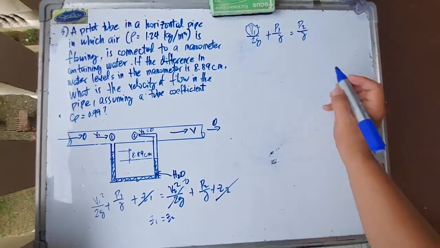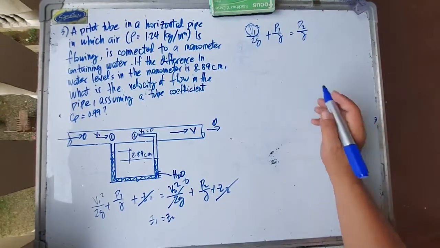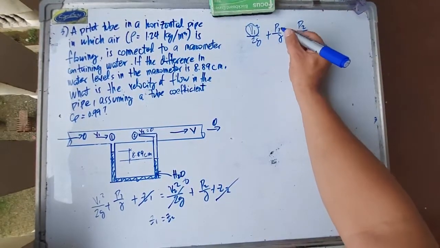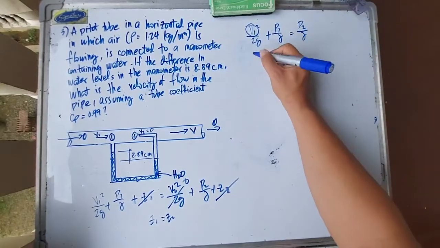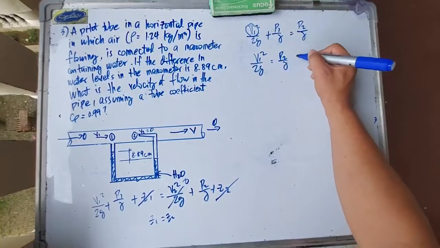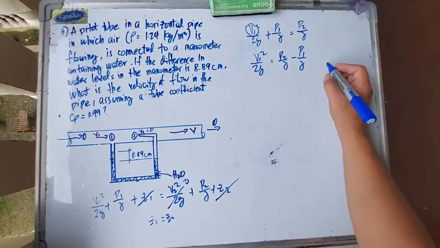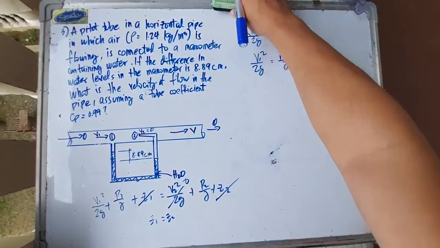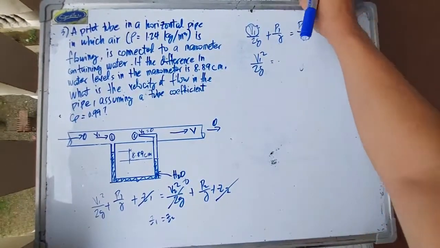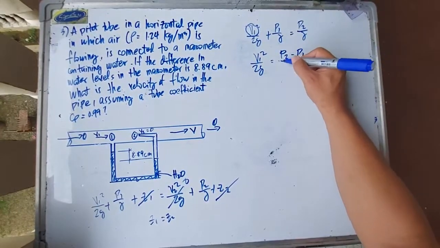But first, we need to solve for the difference in pressure between points 1 and 2. Transfer P1 over gamma to the right side of the equation: V1 squared over 2g is equal to P2 over gamma minus P1 over gamma, or (P2 minus P1) over gamma.